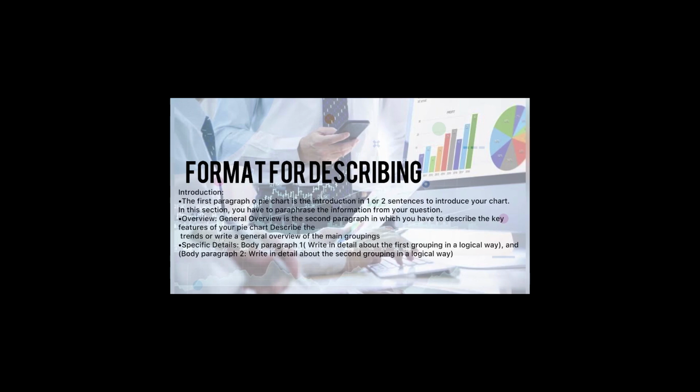Then overview. The general overview is the second paragraph, in which you have to describe the key features of your pie chart, describe the trend, or write a general overview of the main groups. Then specific details. Body paragraph 1, write in detail about the first grouping in a logical way, and body paragraph 2, write in detail about the second grouping in a logical way.